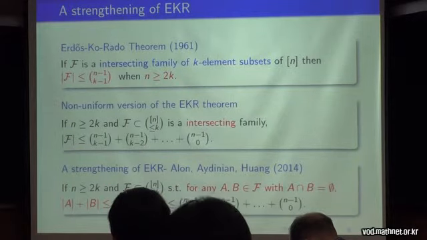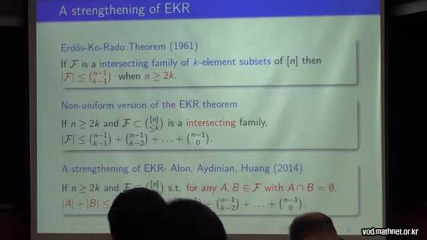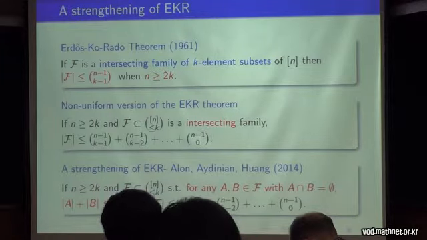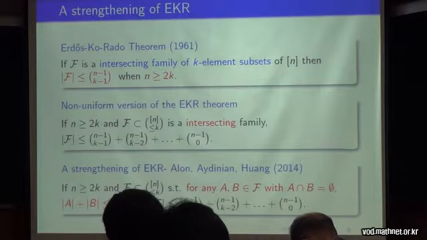And in the non-uniform version of the Erdős-Ko-Rado theorem, the maximum size of the intersecting family is like that, if n is greater than or equal to 2k.